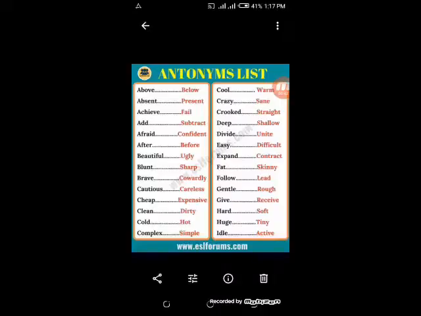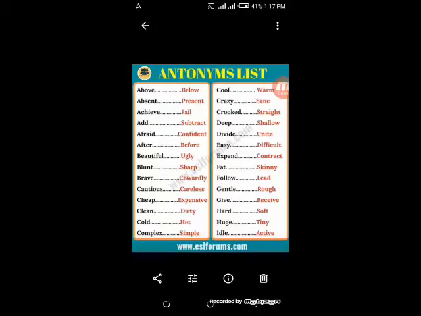Okay, like we did for the synonym, I want to show you some antonyms in list form, in a chart form, like we did for synonyms. List of words for our antonyms.